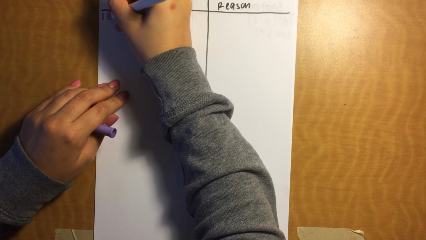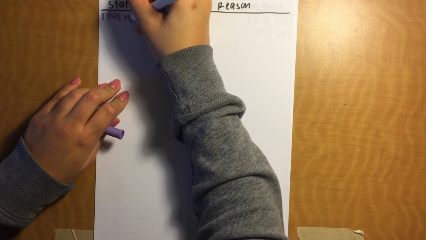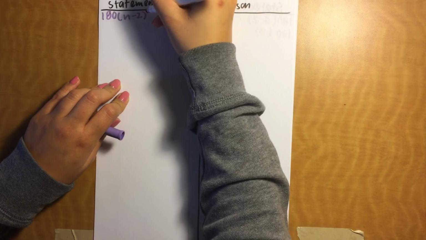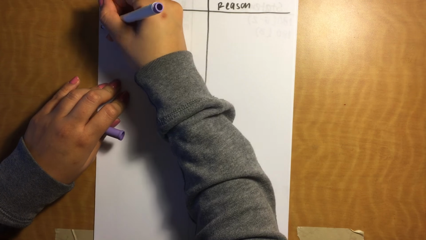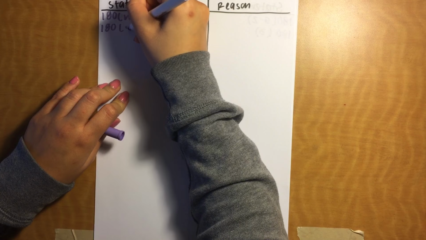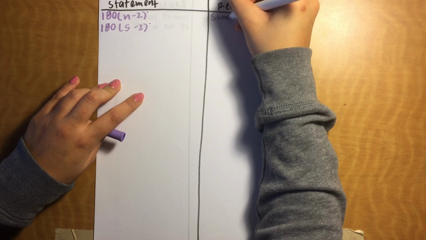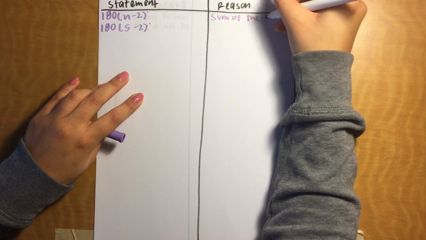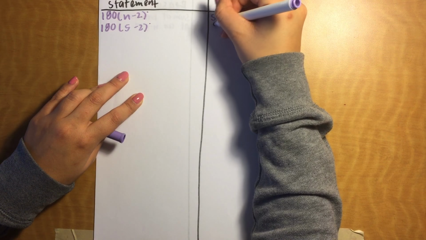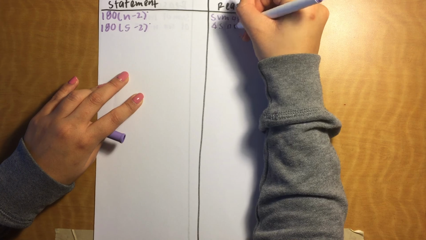So we'll do 180(n minus 2), and we can just say 180 times (5 minus 2). This is the sum of the interior angles of an n-gon.